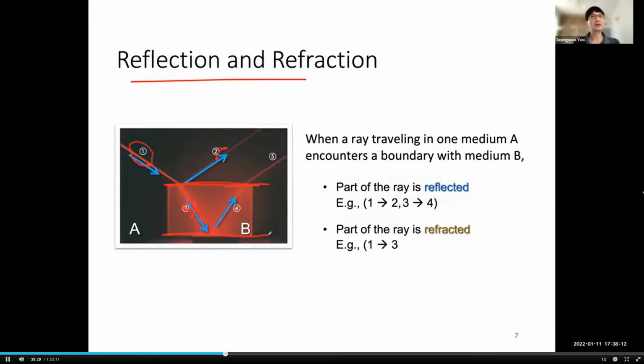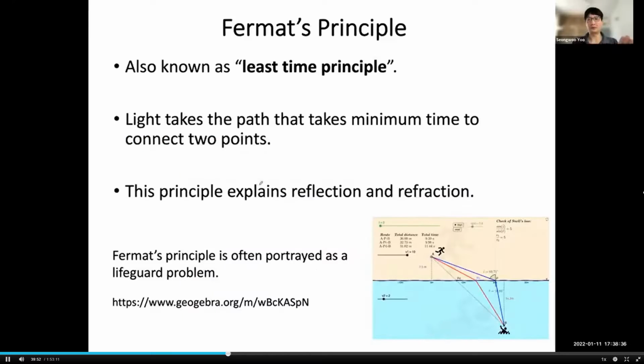The incident light will refract into this medium B, and then ray number 4 now becomes the incident ray to this upper surface. Therefore, it will be refracted out to medium A.